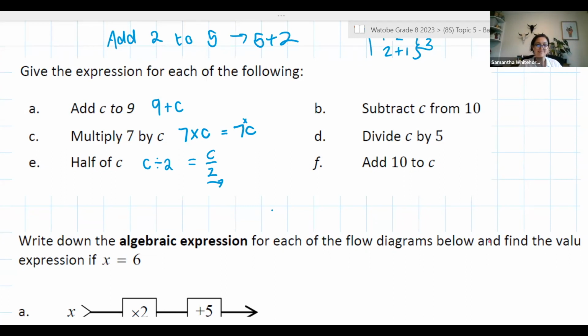Let's go. Remember to put the number there, so B, D, F, so we know which is which. And read it carefully, guys. It says subtract C from 10. Divide C by 5. Add 10 to C. So read them carefully.